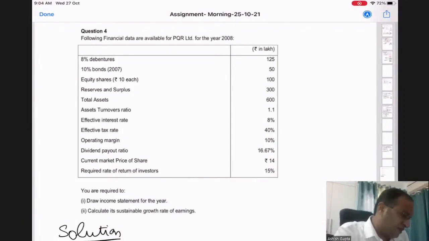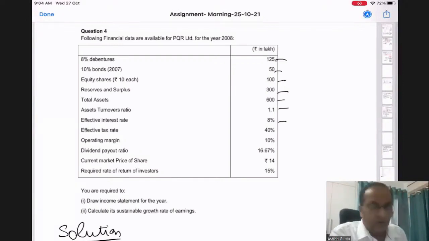The debenture figure has been given: 10% debenture bonds that were issued in 2007. Equity share, reserve and surplus, total assets, asset turnover ratio. The effective interest rate has been given to us, so we need not worry about that. The effective tax rate has also been given.